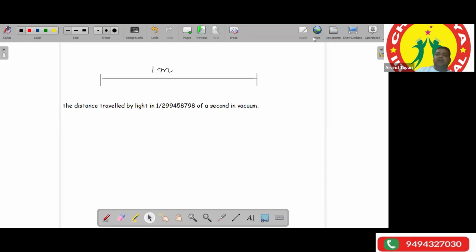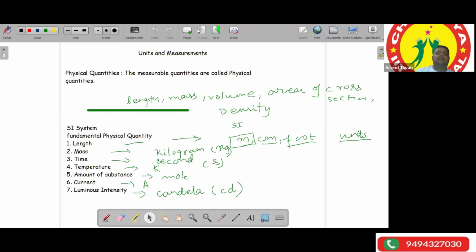In a similar way, the SI system defines the other units also. Like the amount of mass is measured in kilogram, and in the same way, the SI system defines 1 kilogram. So how can you say 1 kilogram? 1 kilogram is defined as a prototype of mass.